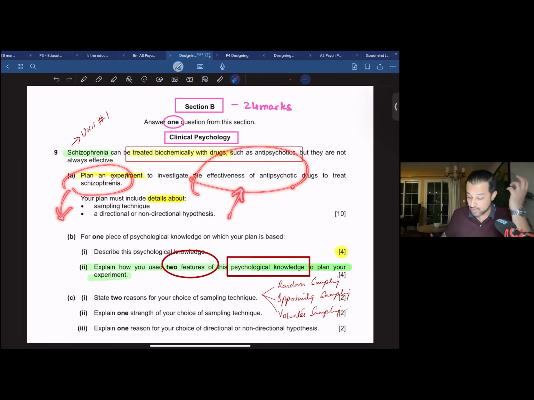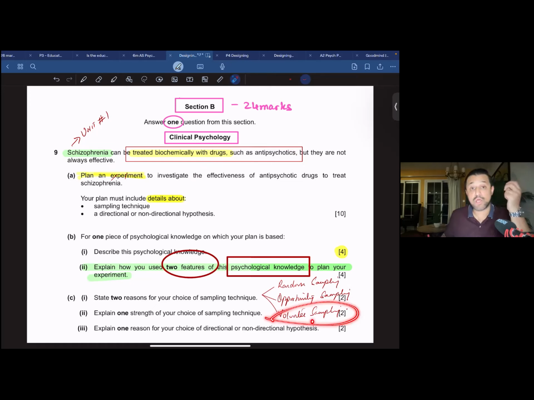So if you're using a volunteer sample, you write down why you've used it. You might write down you've used a volunteer sample because you wanted to be sure that the people participating in this study are actually schizophrenic patients. A major advantage of a volunteer sample is you could get hold of individuals with specific criteria.